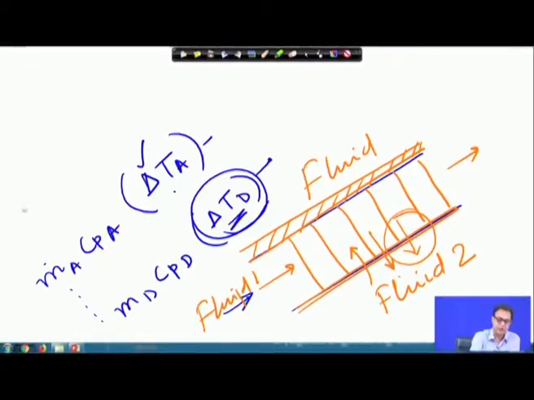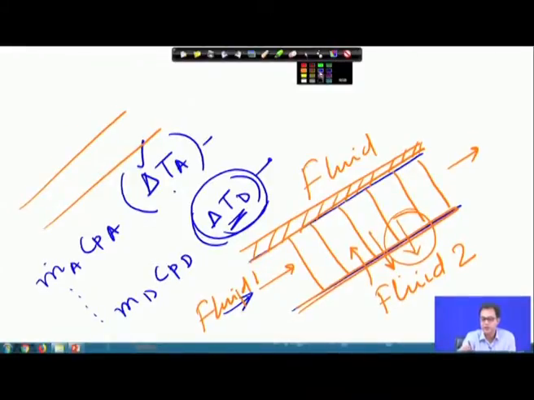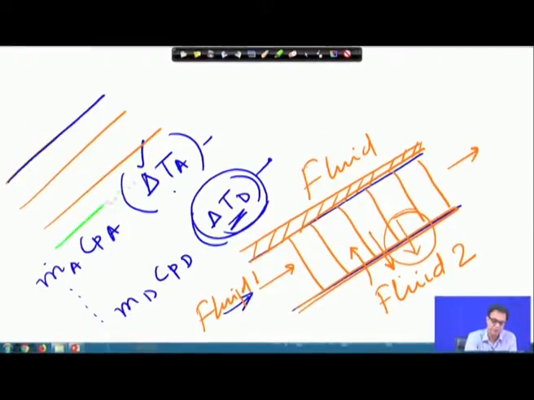When we have a fluid stream with an adjacent fluid stream, whether it is cold or hot will decide whether it has to give heat or pick up heat.